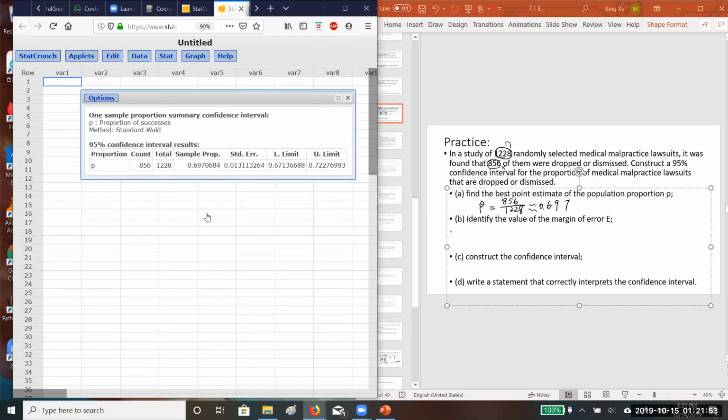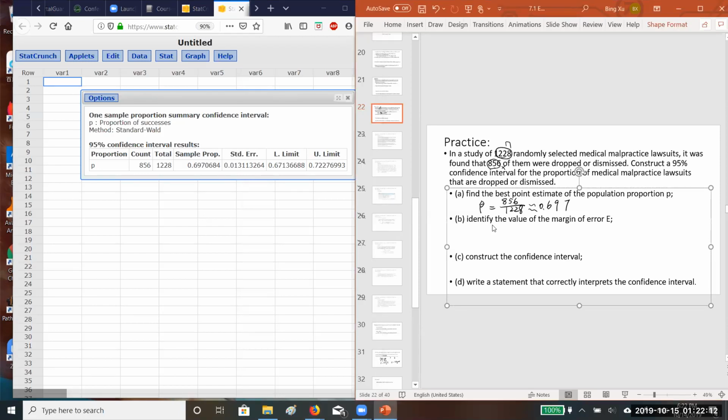All right, so you have the upper limit and lower limit. I don't think the standard error is the margin of error. So if you want to find the margin of error, you actually have to use the formula, which is... you know what I figured out?